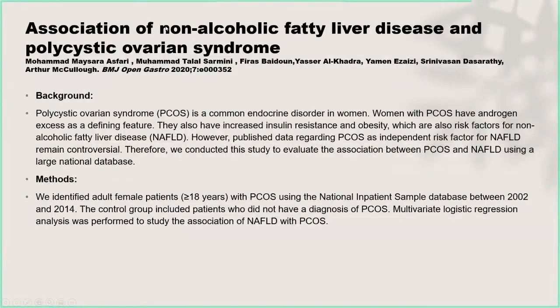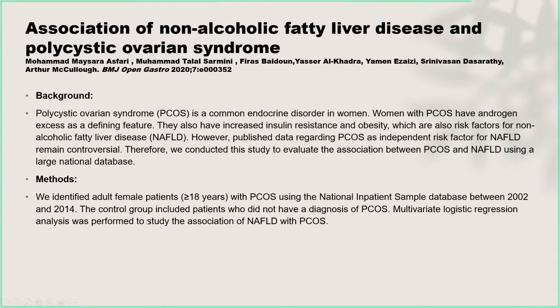So this was a study that was published last year, and it is interesting in that it is actually an inpatient sample. They did this because there was this huge amount of data available on liver tests. So in this particular study, they looked at the National Inpatient Sample Database between 2002 and 2014.